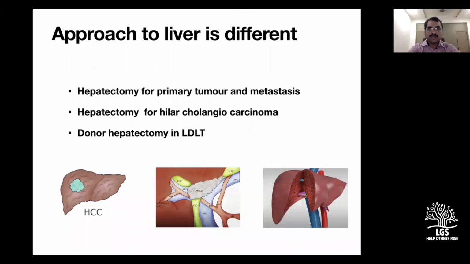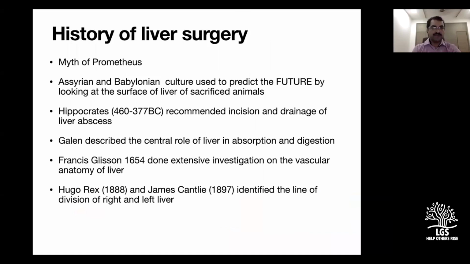For hilar cholangiocarcinoma, the current trend is to preserve parenchyma as far as possible, because we are removing the liver only to get a negative margin on the duct. As far as living donor liver transplantation is concerned, both the removed segment as well as the retained segment are very important, and you cannot compromise on the inflow, outflow, and the remnant liver.